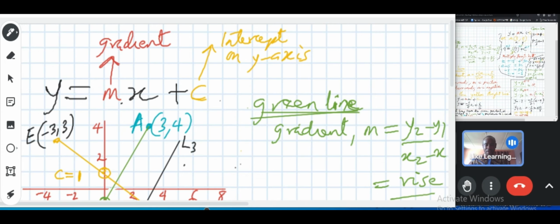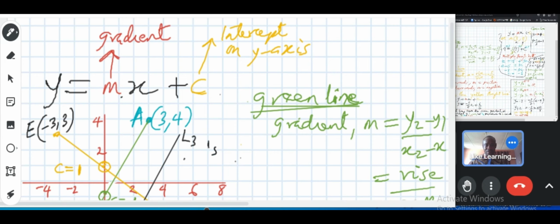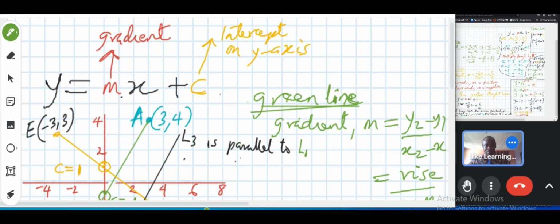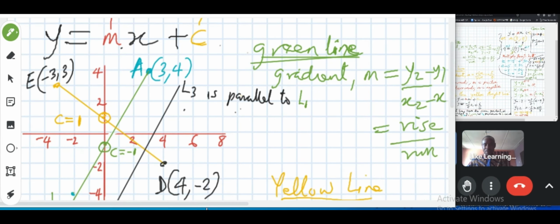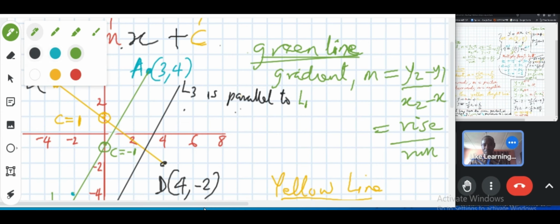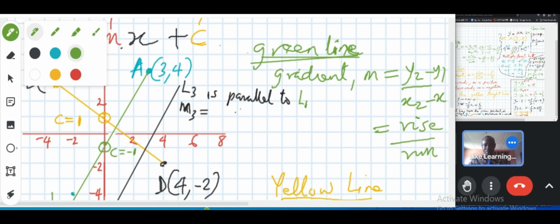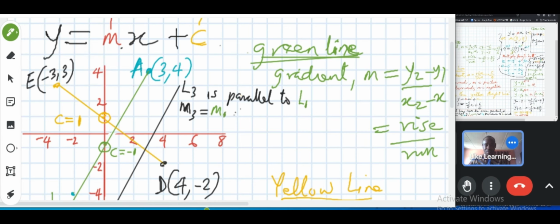So L3 is parallel to L1. That's the green line. The black line is parallel to the green line. Do you understand? So they have the same gradient. That means m3 is also equal to m1. They have the same gradient, which is 5/3.